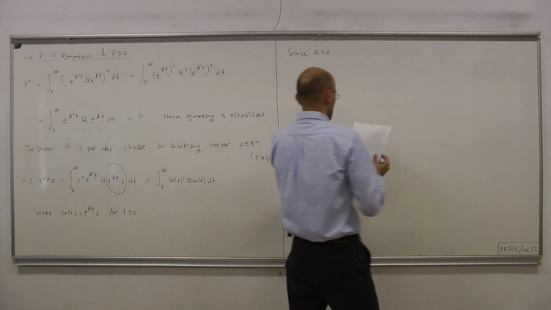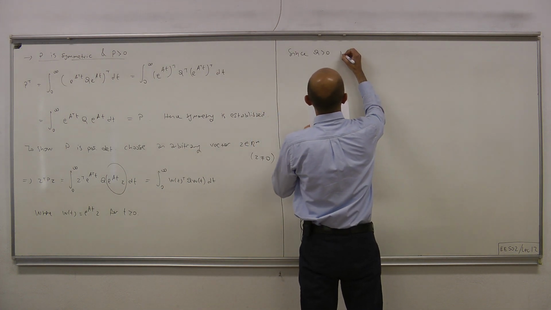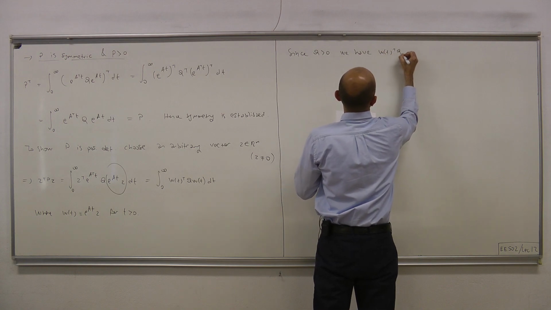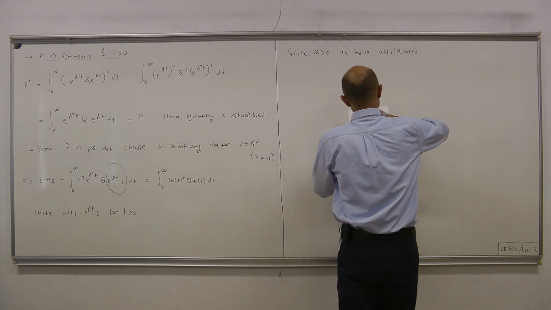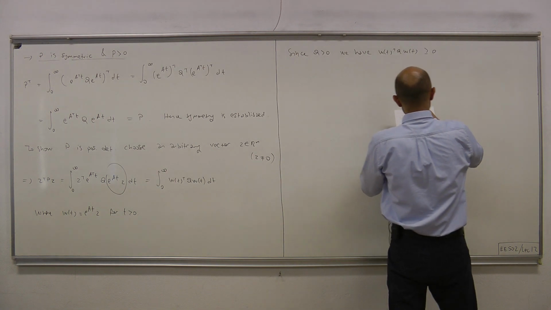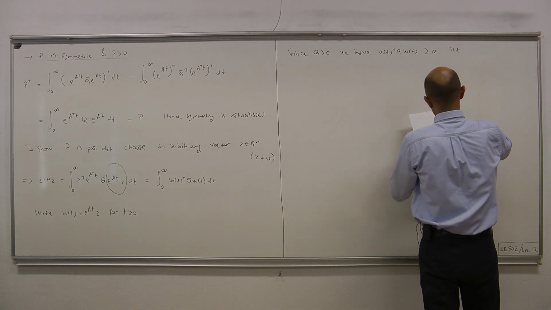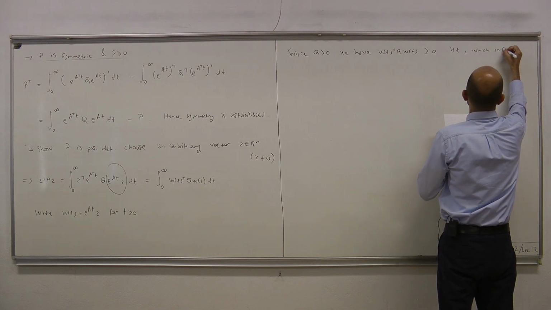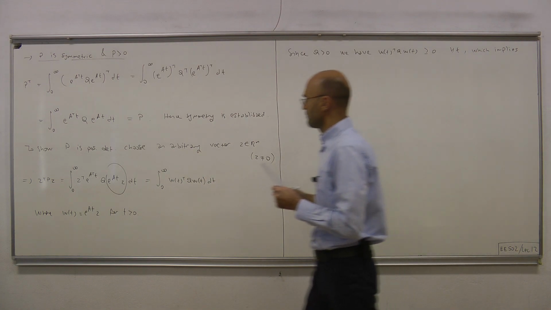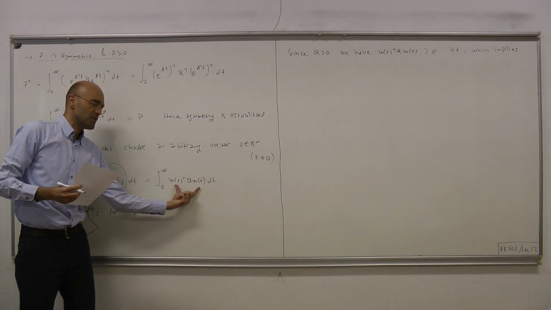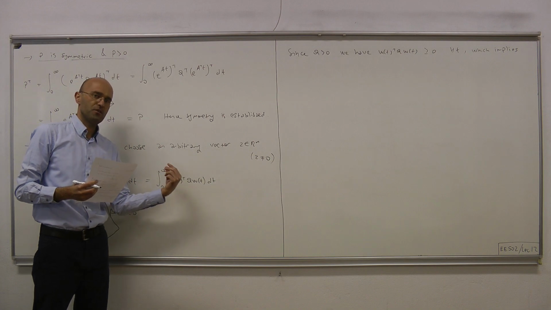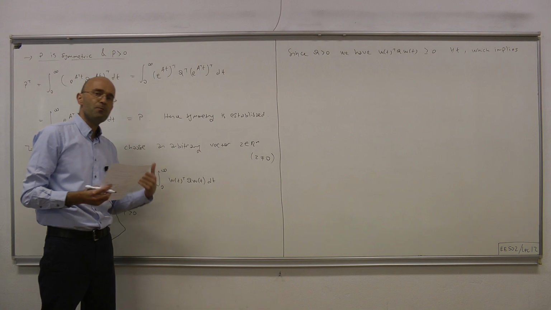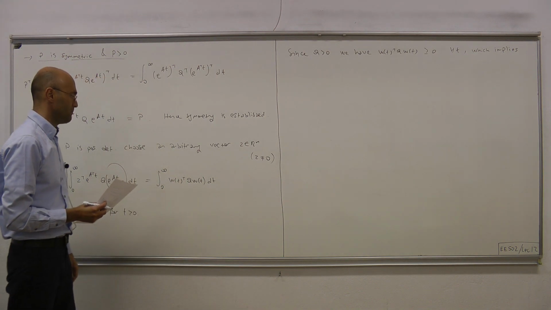So since Q is greater than 0, w(t) transpose Q w(t) is never negative for all times. So the integrand is a scalar, and Q is a positive definite matrix, therefore the integrand is never negative.